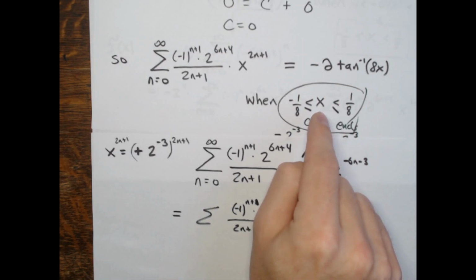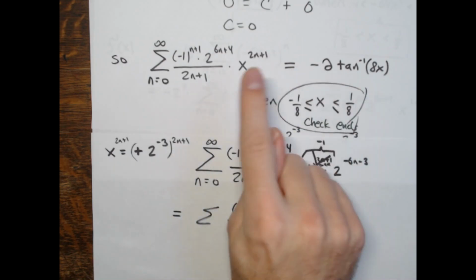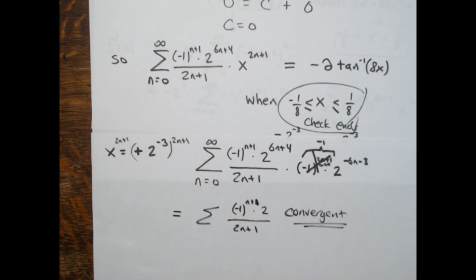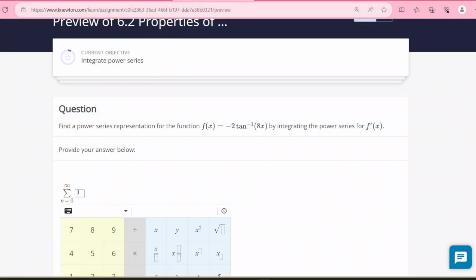Now, if they asked for the interval of convergence, that would only be true if x were from negative 1/8 to positive 1/8, right? But I'm going to type in this. Our constants were powers of negative 1, negative 1 to the n plus 1 power, times 2 to the 6n plus 4 power divided by 2n plus 1.